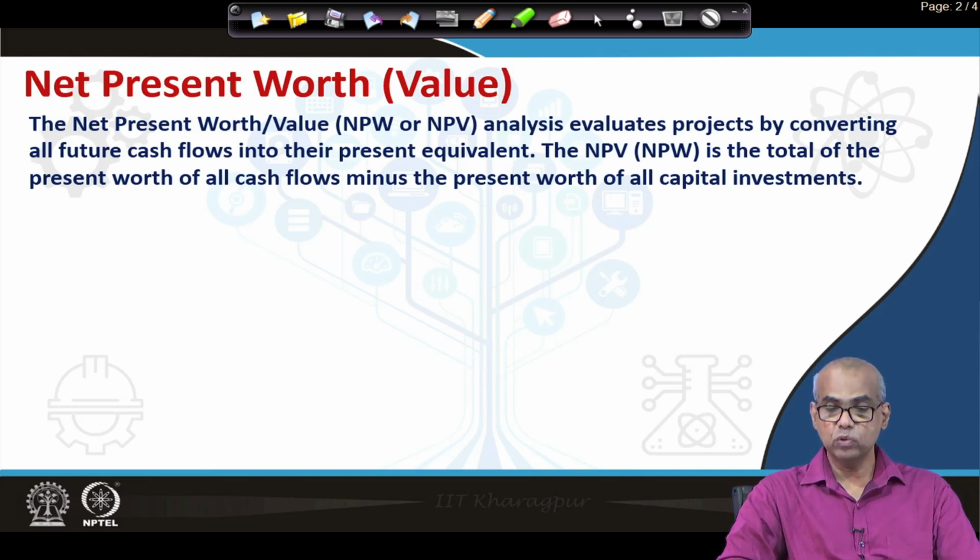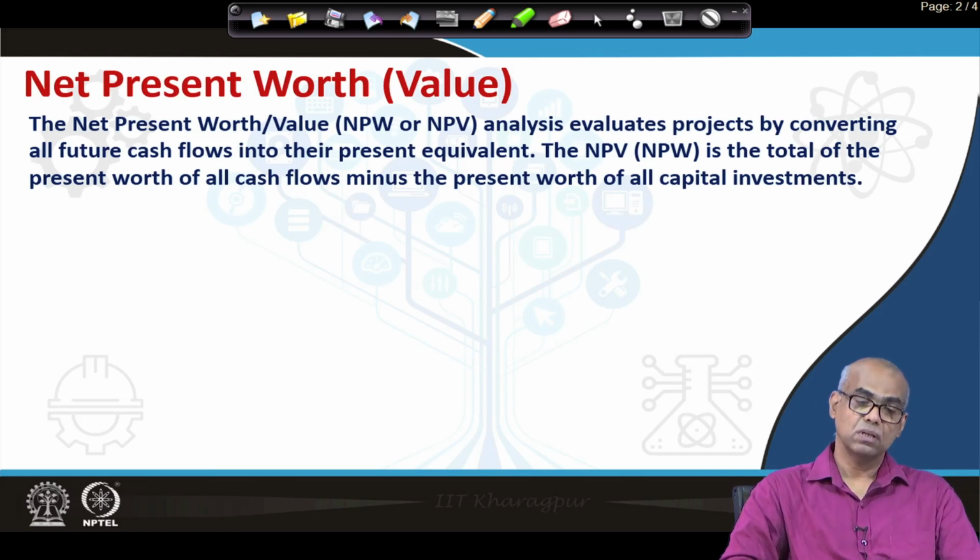The net present value or NPV is the total of the present worth of all cash flows minus the present worth of all capital investments. So, by definition, the NPV is the total of the present worth of all cash flows minus the present worth of all capital investments.